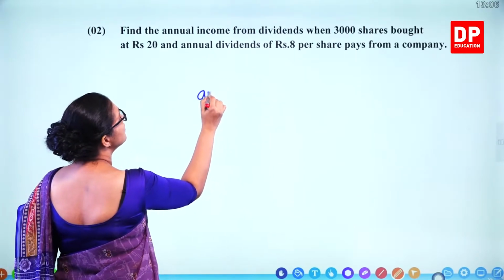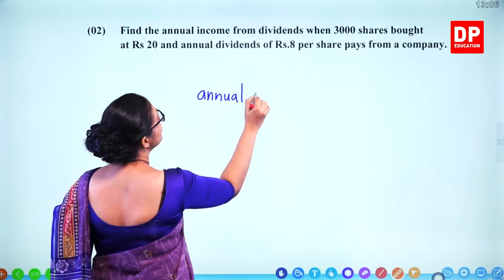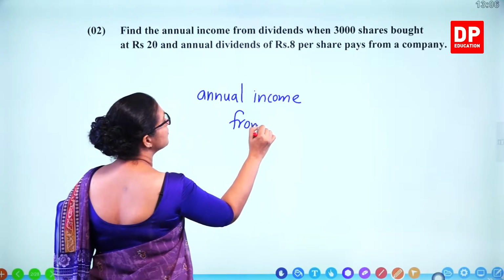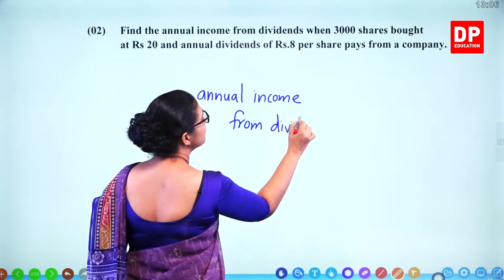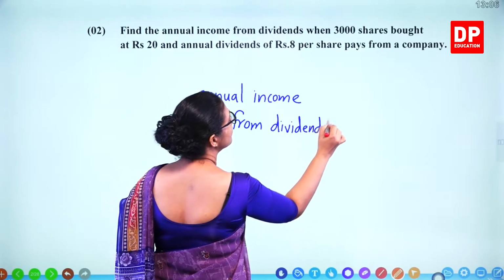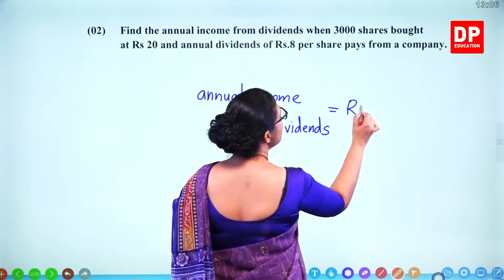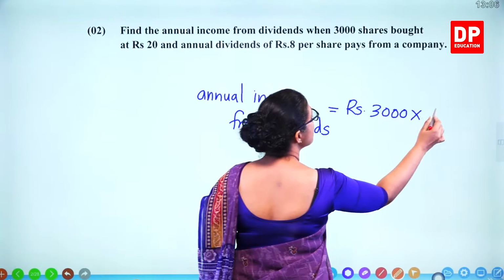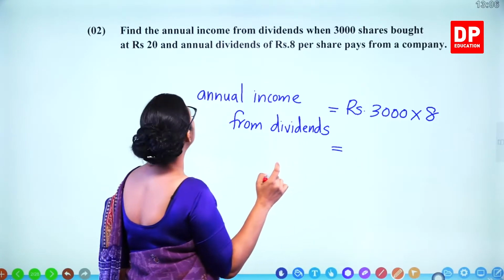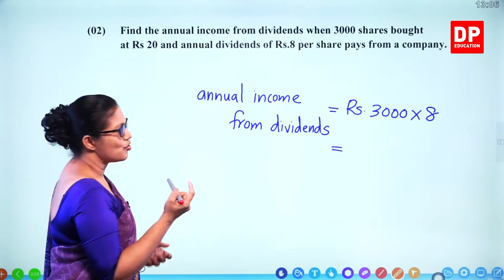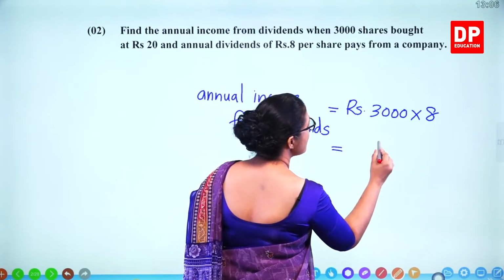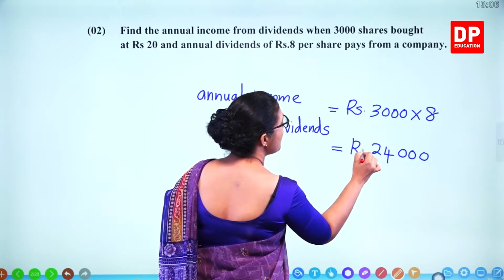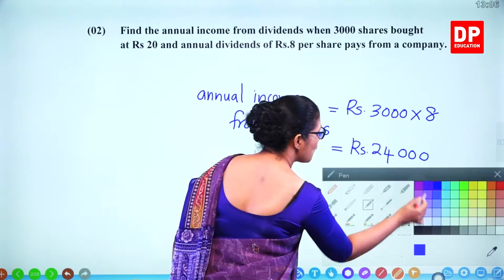So annual income from dividends is 3,000 multiplied by 8. You don't need the 20 rupees value. So just multiply by this. 8 times 3, 24. So 24,000 rupees. 2 marks for that.